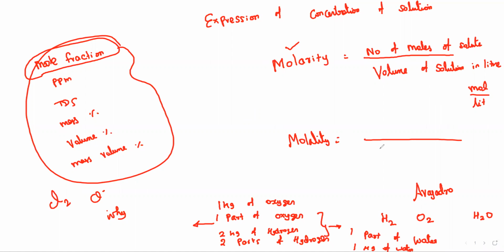In molality, we take the mass of the solvent. Solvent is the major portion, right? So in the given mass of solvent, how many moles of solute can be dissolved? So it is mole per kg or mole per gram. We can represent it in mole per gram or mole per kg.